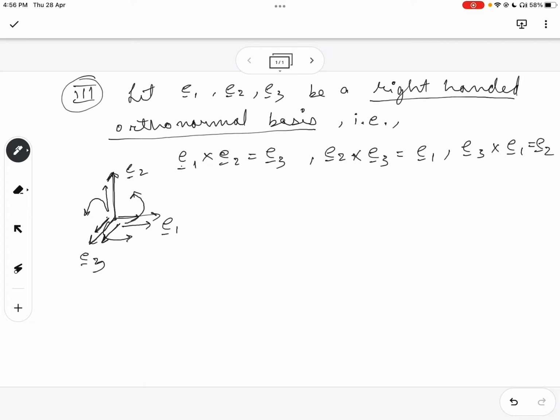So we'll define a quantity using the box product, Eijk, to be the box product of Ei, Ej, Ek. So how is this defined?